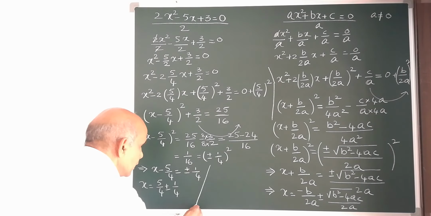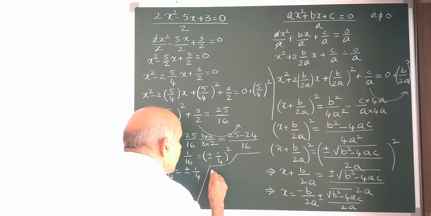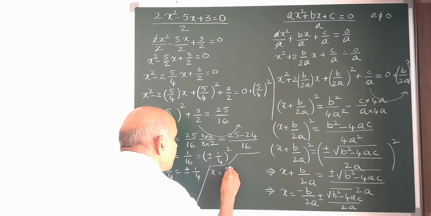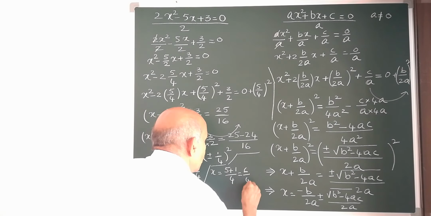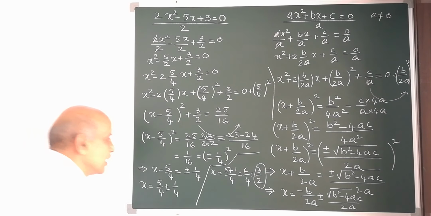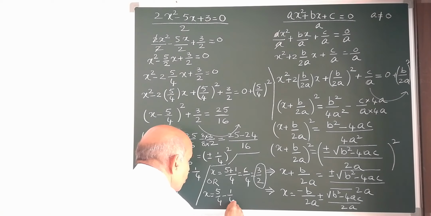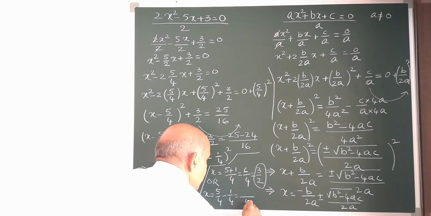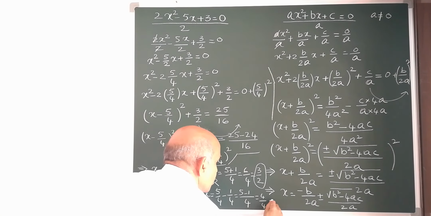I will do it here. Suppose I take plus, x is equal to 5 by 4 plus 1 by 4, which is equal to 6 by 4, which is equal to 3 by 2. So this is one value for x. If I take minus here, x is equal to 5 by 4 minus 1 by 4, 4 is common denominator, 5 minus 1, 4 by 4, which is equal to 1.